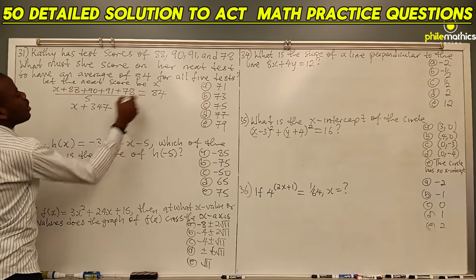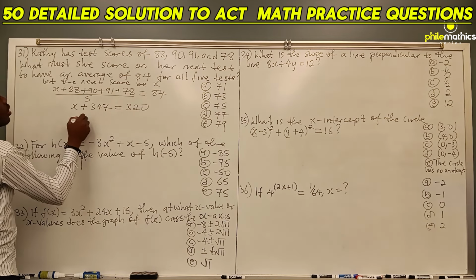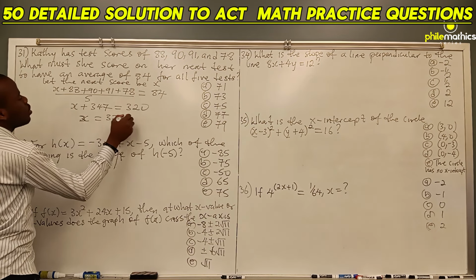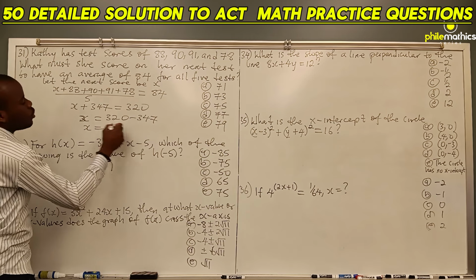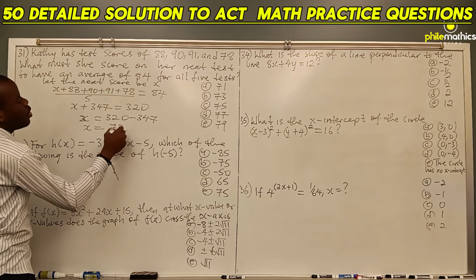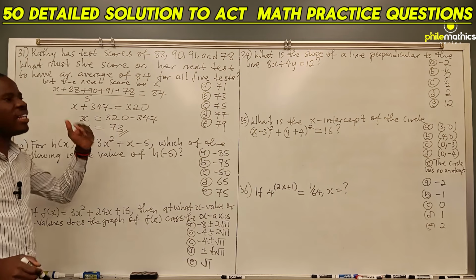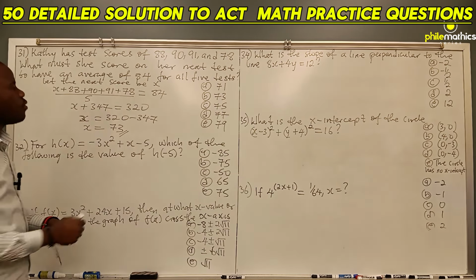And if you multiply this, you have 320. Subtract 347 from both sides, you have x equals 320 minus 347. And if you subtract this, you have minus 27. So she will have to score 73 in her next test for her to have an average of 84, which is B.